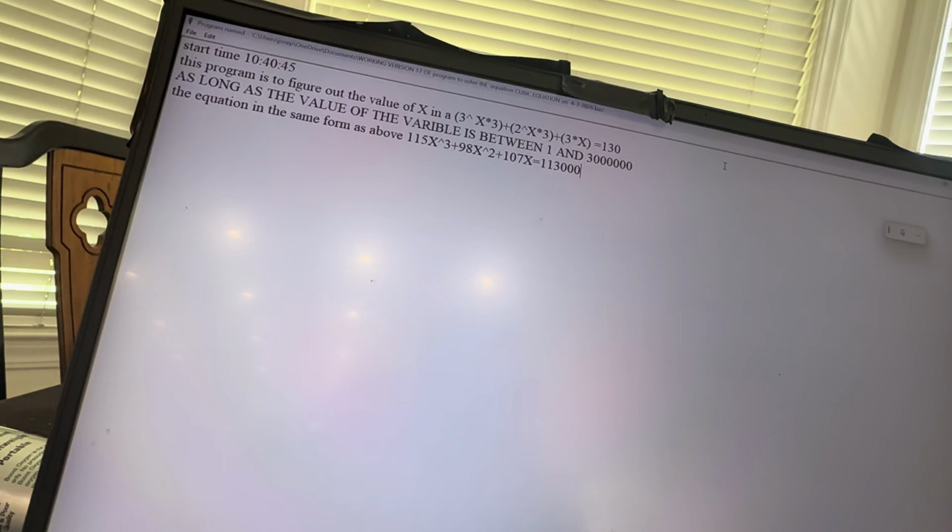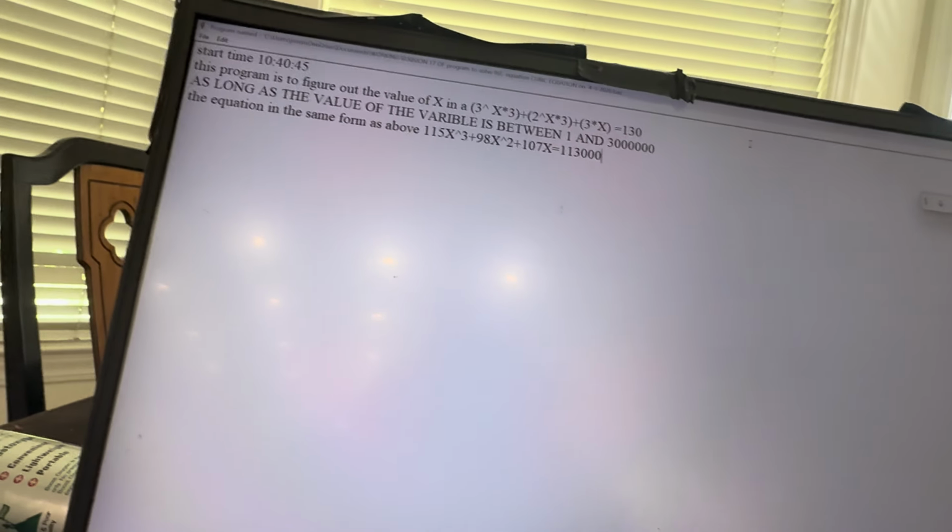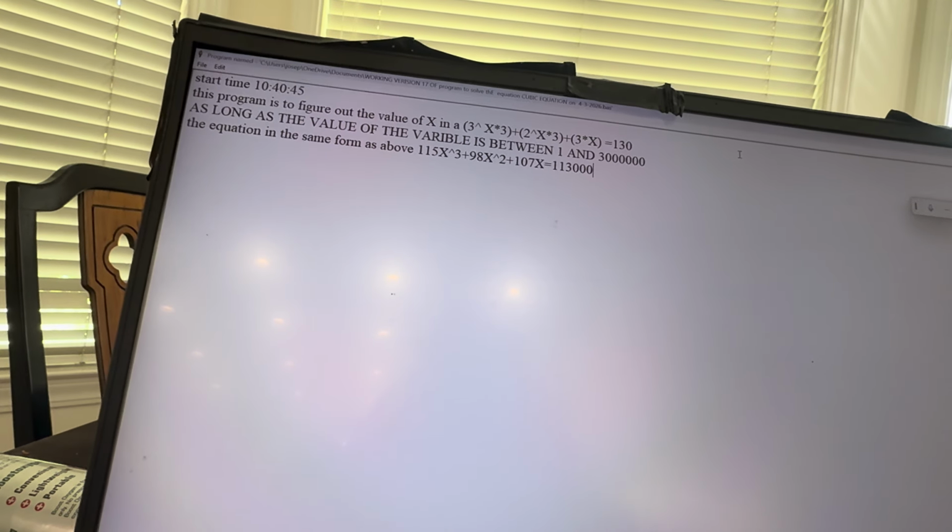So you have 115x raised to the third plus 98x squared plus 107x equals 113,000. It's going to give you the correct variable value for x.